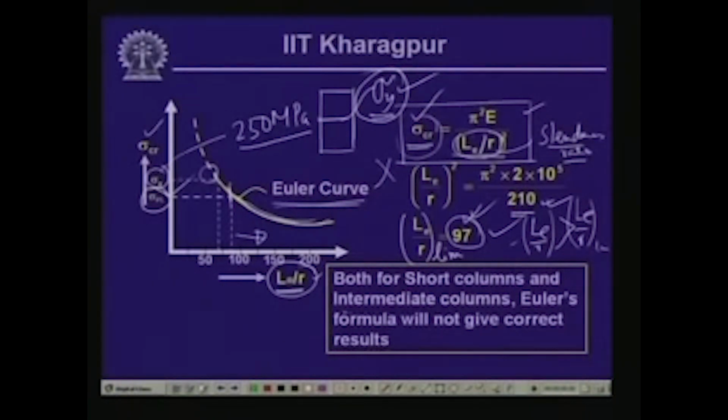For such intermediate members, we use a different formula. In fact, there is a formula which was proposed by Rankine, and we call that Rankine's formula for evaluating the critical load in intermediate columns. For both short columns and intermediate columns, Euler's formula will not be applicable, and it will not give you appropriate results.